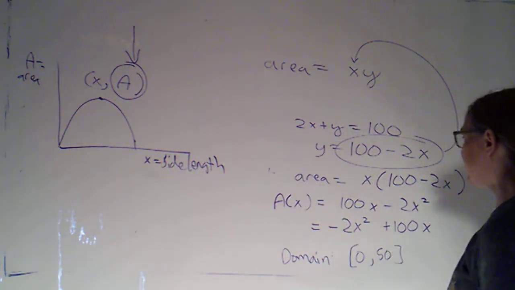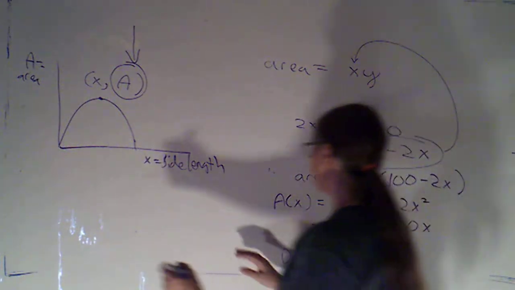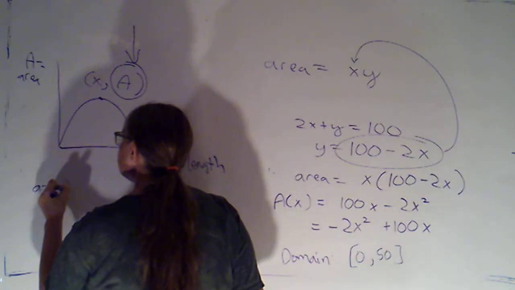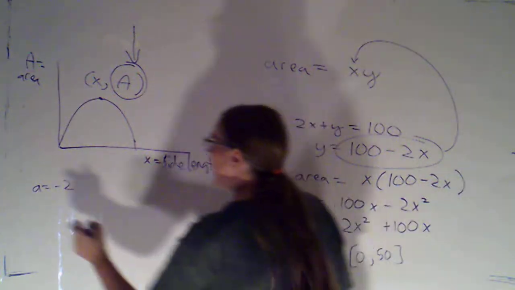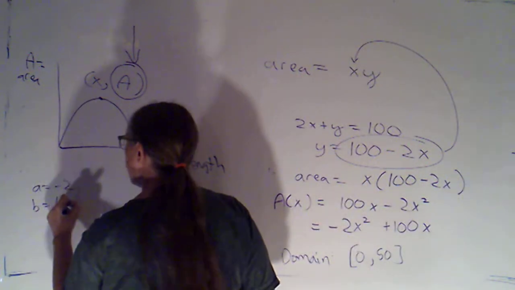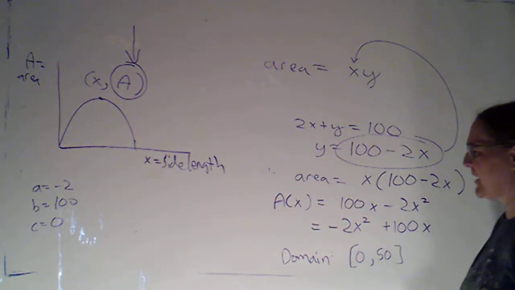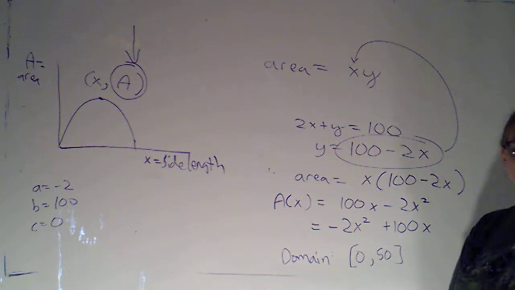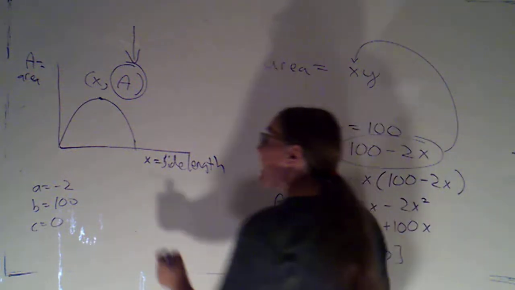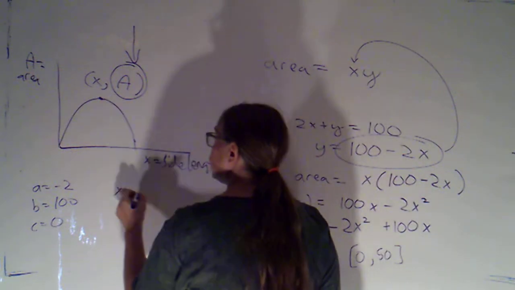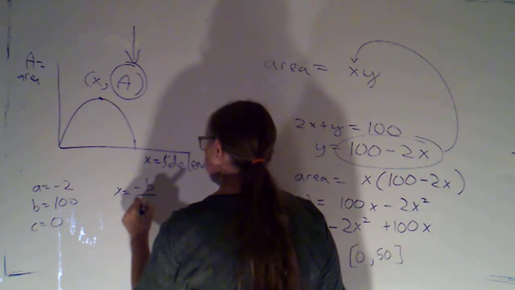So notice that with this particular equation, my a is -2, my b would be 100, and I'm not going to need c, but if I did, it's a good habit to just write them all down. c would be 0 because there's no constant term. So my x value of the vertex is at the opposite of b over 2a.